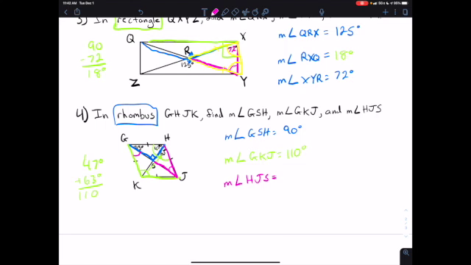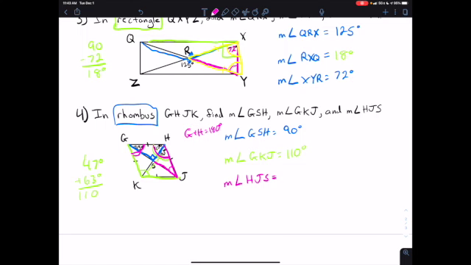So how do we get that one? Well, if we look at this big angle here and this big angle here, G and H should equal 180 degrees, because they're consecutive or adjacent angles. But we don't have quite all of those.